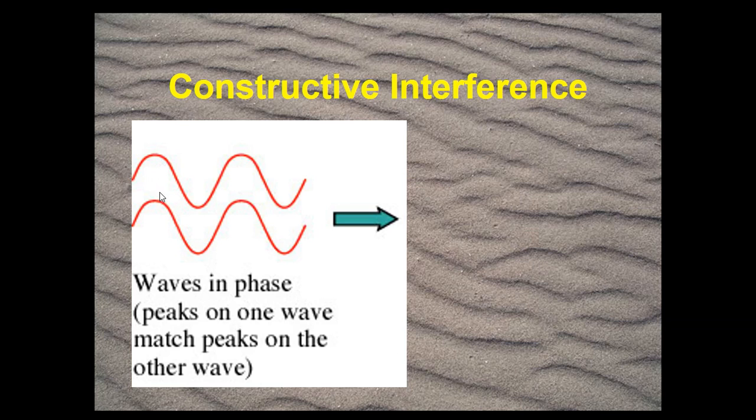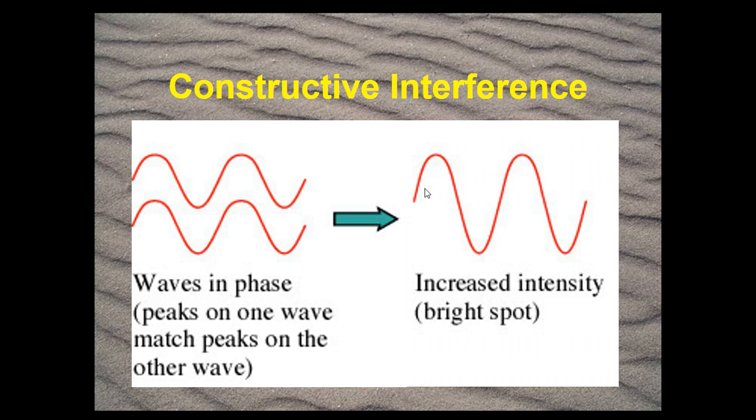All the crests and all the troughs are exactly lined up for each of the waves. What we see is a more intense light produced from that constructive interference. That means the light will be brighter as a result.